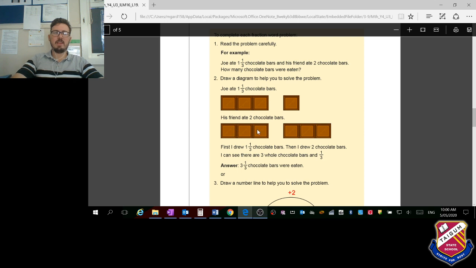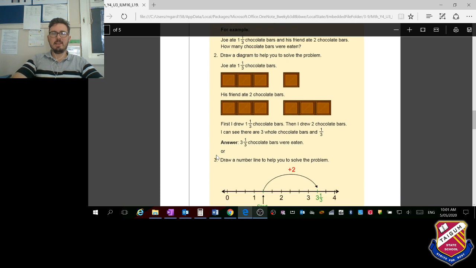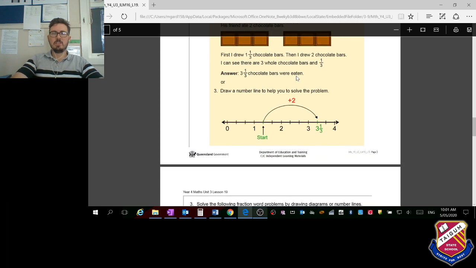His friend ate 2 chocolate bars. So there's 2 chocolate bars there. So first I drew 1 1/3, then I drew 2 chocolate bars. I can see that there are 1, 2, 3 whole chocolate bars and 1/3 left over. So the answer would be 3 and 1/3 chocolate bars were eaten.